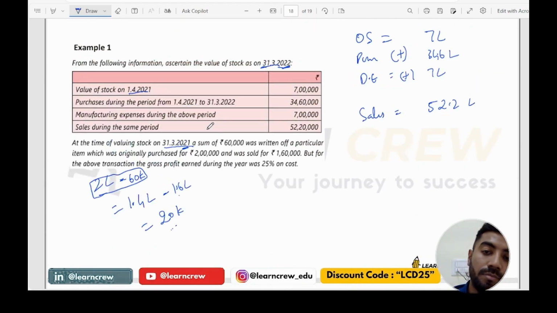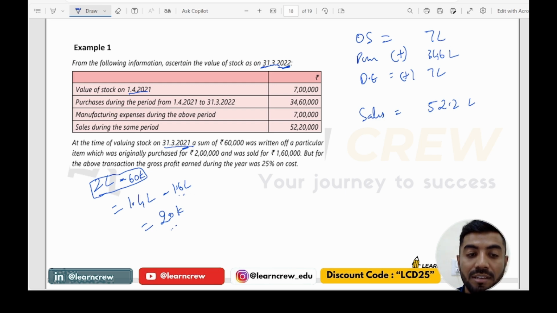Now we have sales of 52 lakh 20,000. Out of this 52 lakh 20,000, the stock has been written off for this one. This sales figure includes the sale of 1,60,000, so we'll have to minus this first.